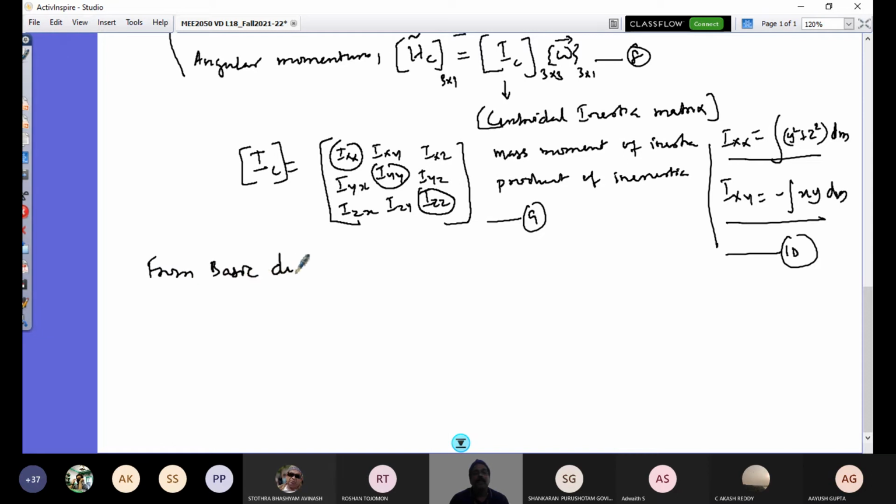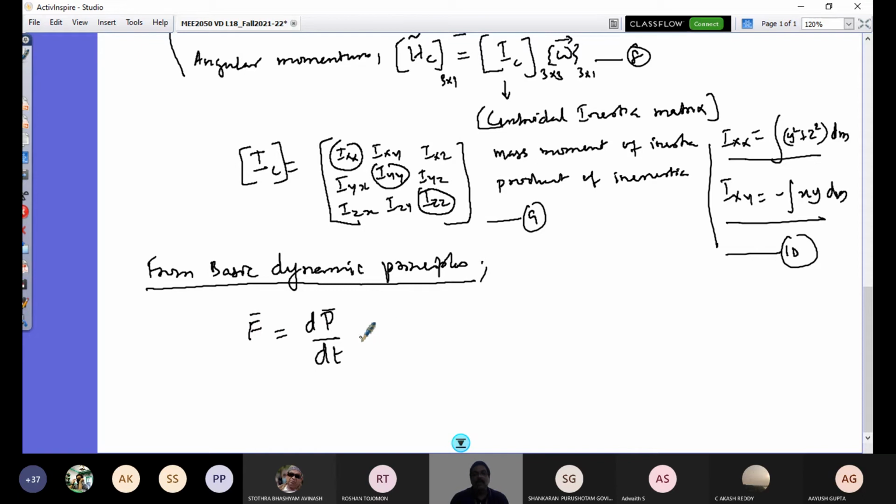What do we mean by basic dynamic principles? Kinetics, the cause of motion, the forces and moments that cause this dynamics. So the force vector is dp by dt, and that is going to be mass times the acceleration vector, right?